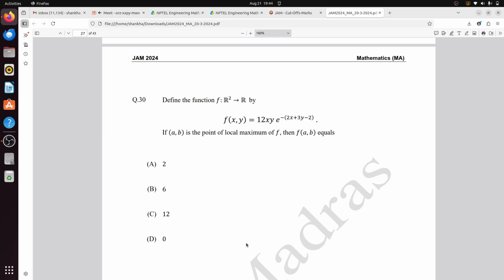At 1 by 4 comma 1 by 6 you need to calculate the second derivatives, so don't forget the exponential factor. You need to calculate del 2f del x square.